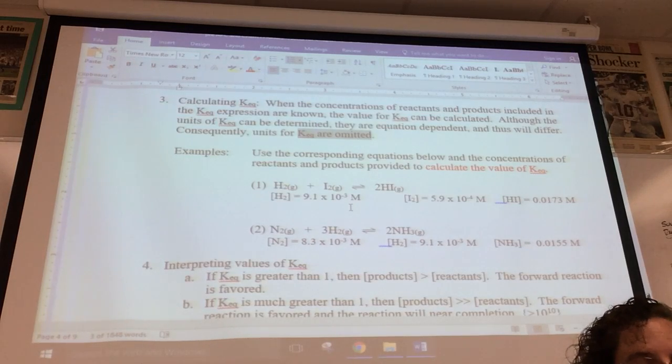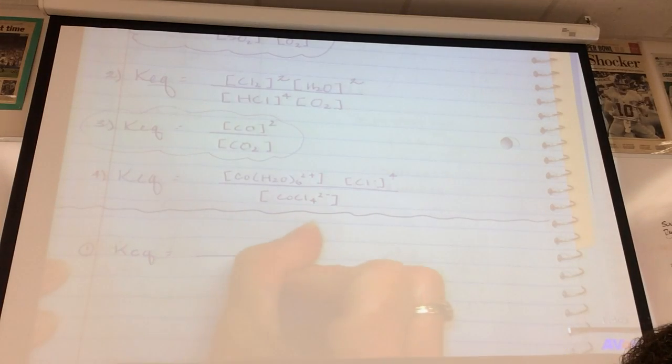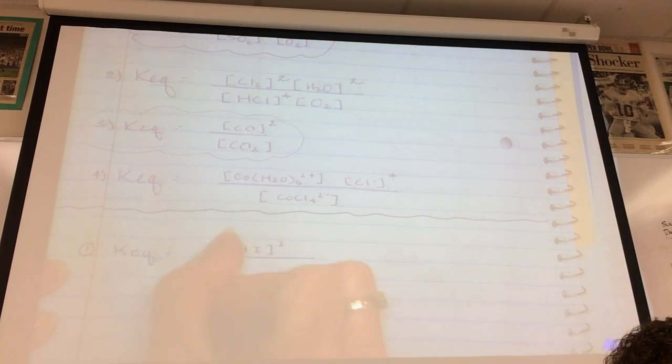Your approach to calculating the value of KEQ is to always write the KEQ expression first. So the first thing we want to do is write our KEQ expression. So KEQ is equal to hydrogen iodide squared over hydrogen gas times iodine.